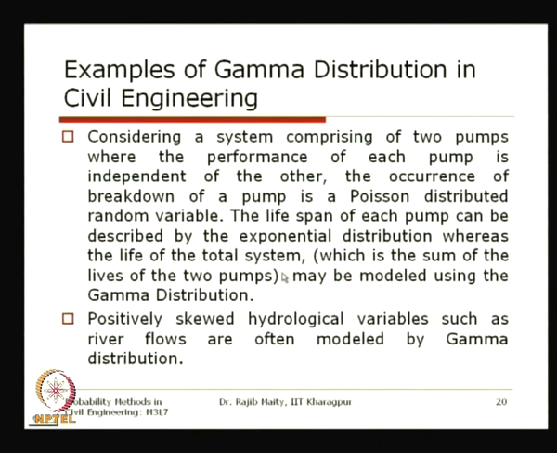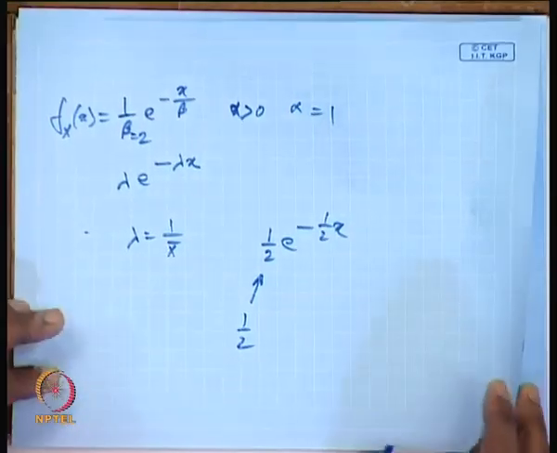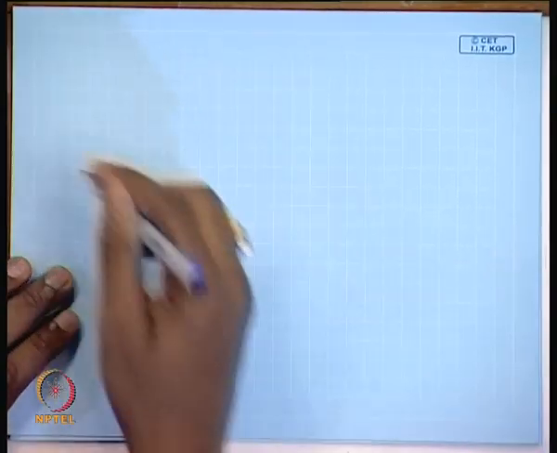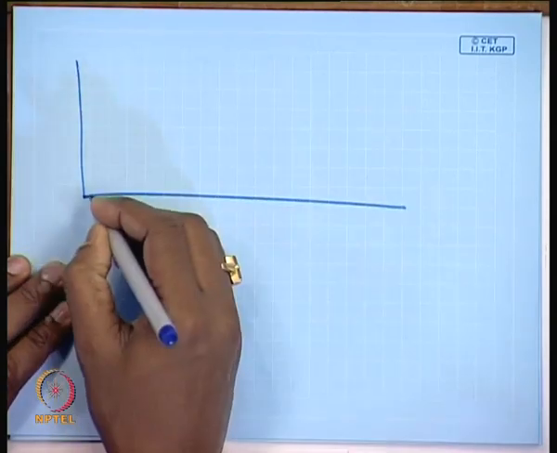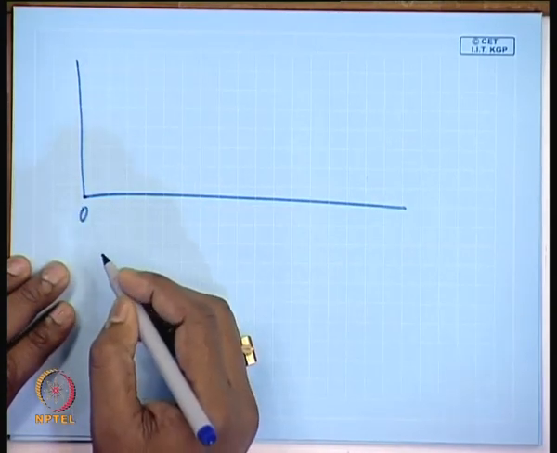This is one example. Particularly in hydrological applications, it has generally been seen that river flows can be modeled very usefully by the gamma distribution, in the sense that just by controlling the parameters, a wide range of shapes can be captured. For river flow, we know that the minimum flow is 0, so it is always bounded by 0.